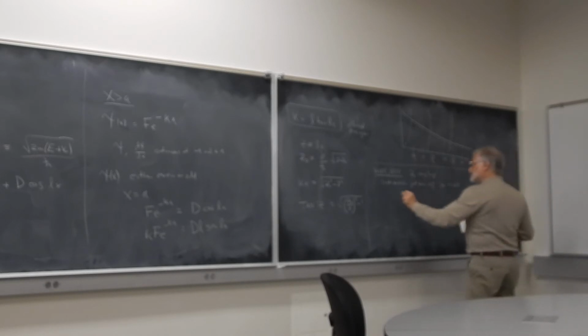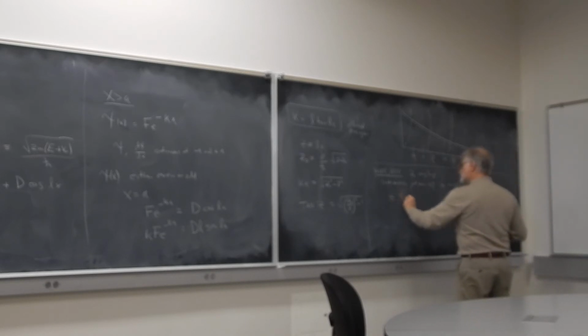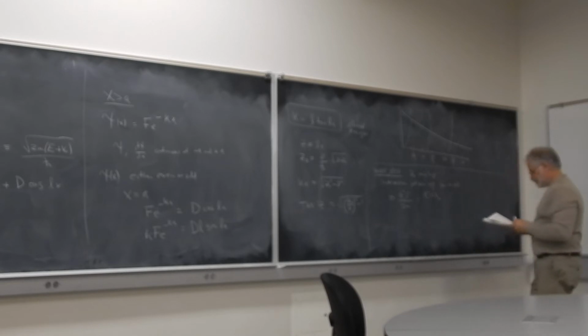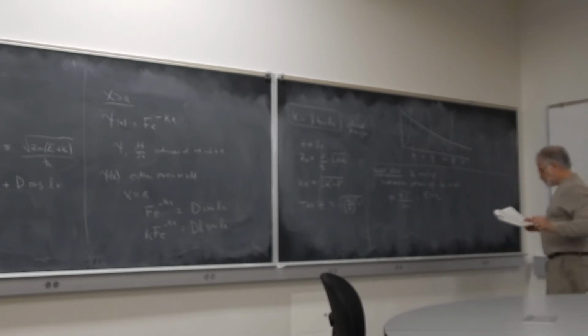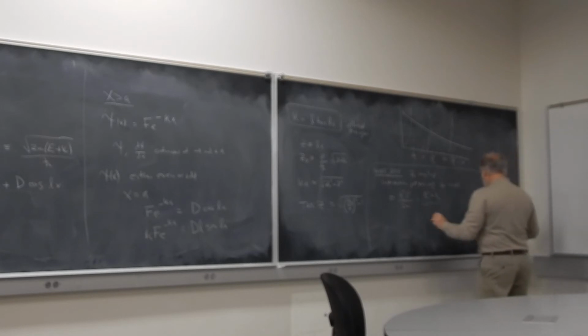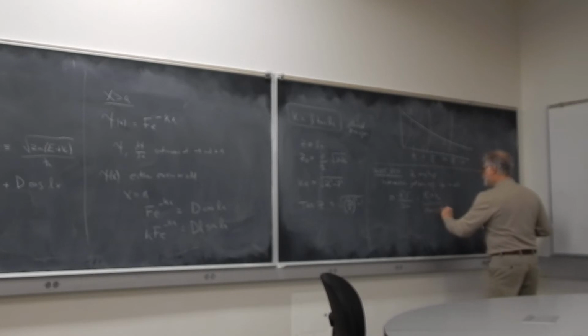In other words, it will look something like h bar squared L squared over 2m is equal to E plus V naught. Now, E plus V naught is basically the energy above the bottom of the well.